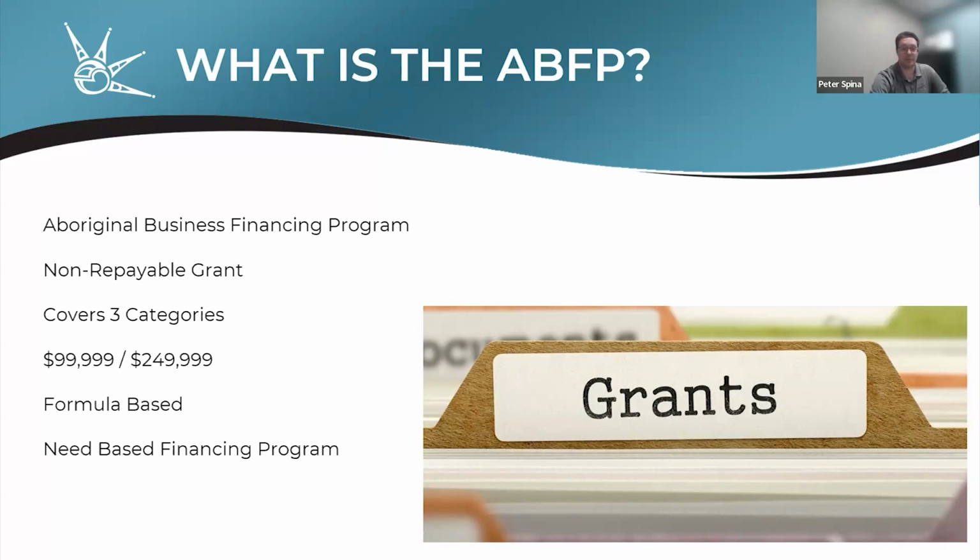It is a formula-based grant. So basically what that means is there is a portion that is paid with the grant, and then there's also a portion paid by the applicant. And in cases of capital costs, there is a loan component as well, but we will discuss that a little further. And then it is also a needs-based financing program.